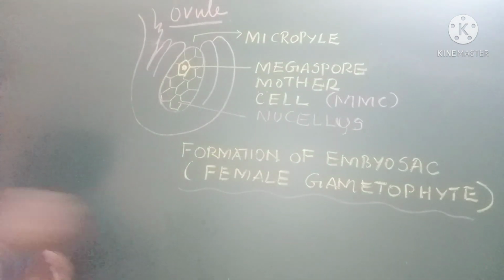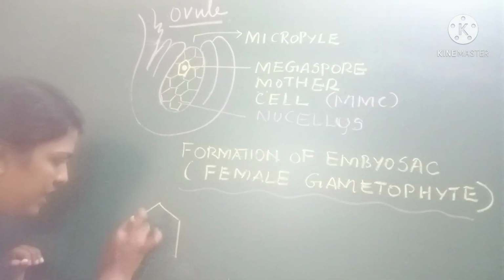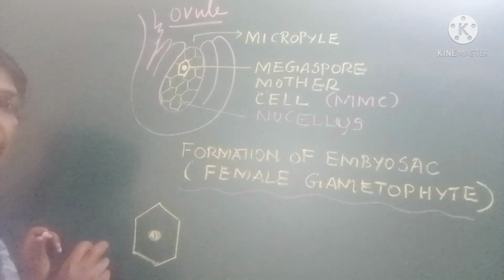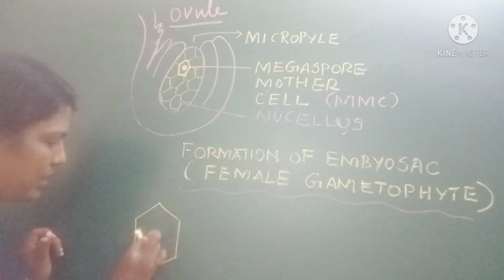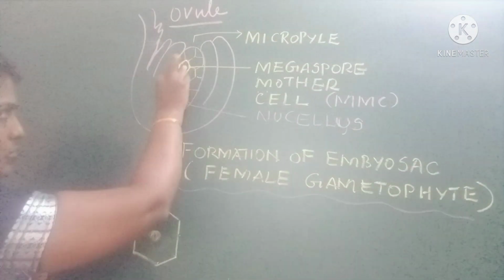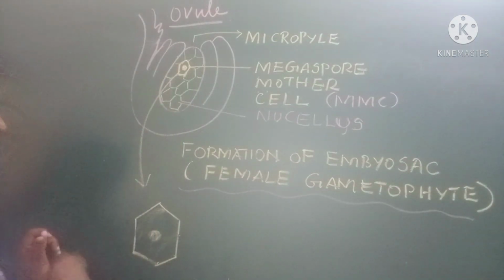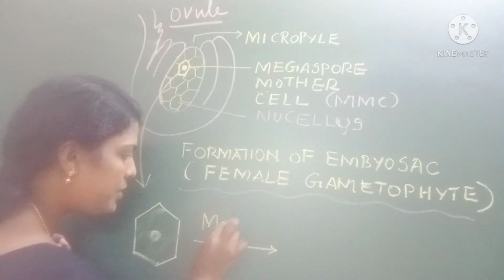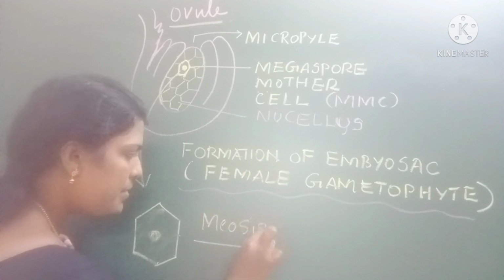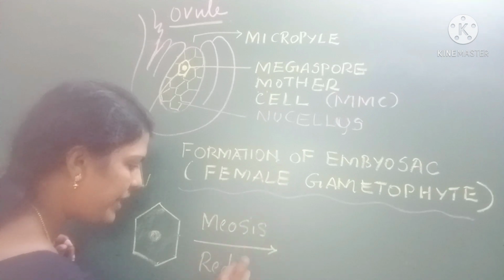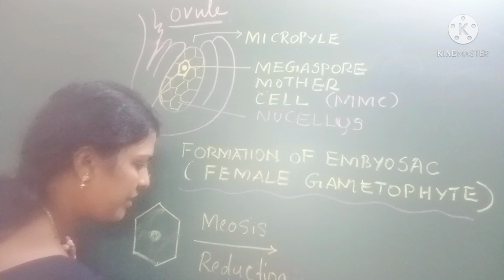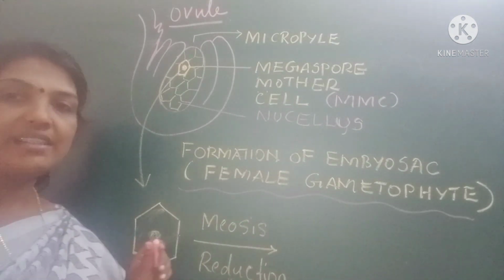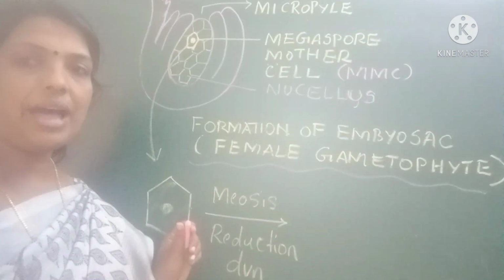So here I am drawing this megaspore mother cell. Consider this as the megaspore mother cell with a prominent nucleus and plenty of cytoplasm. This cell will undergo which division? Meiosis, otherwise called reduction division. When a cell undergoes reduction division, what happens?